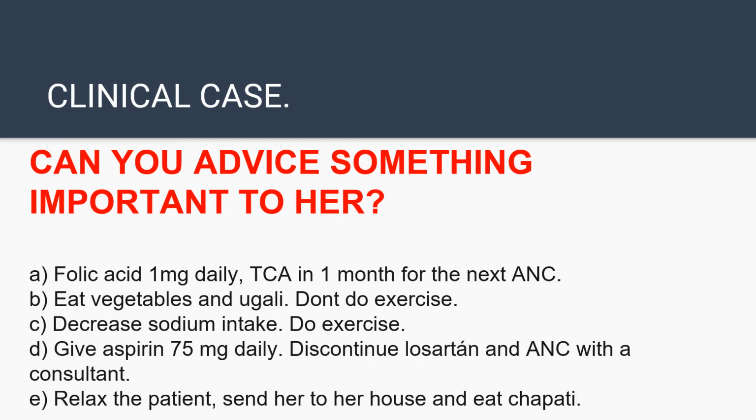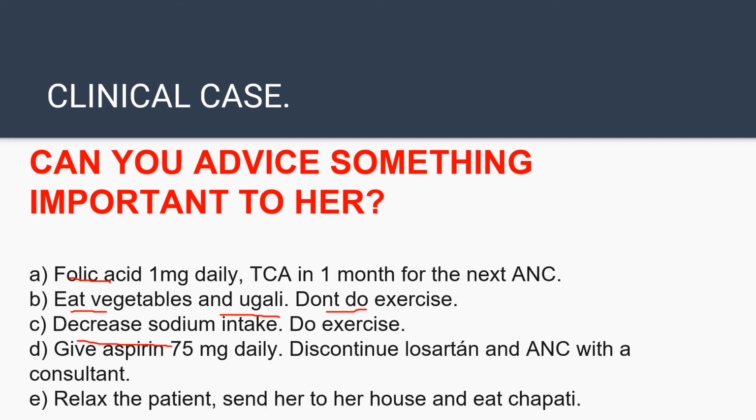So the correct alternative in this situation. Folic acid 1 milligram daily and come again in 1 month is good because of the folic acid, but all the rest is like a normal pregnancy, so that is not the correct answer. Eat vegetables and ugali and don't do exercise, that also is not the correct answer.